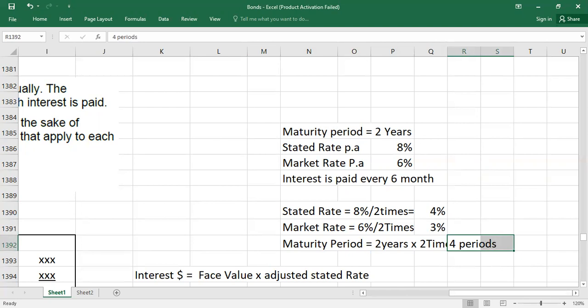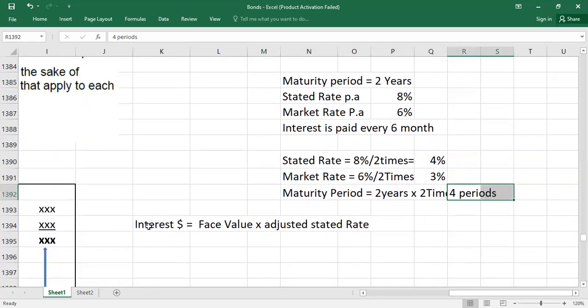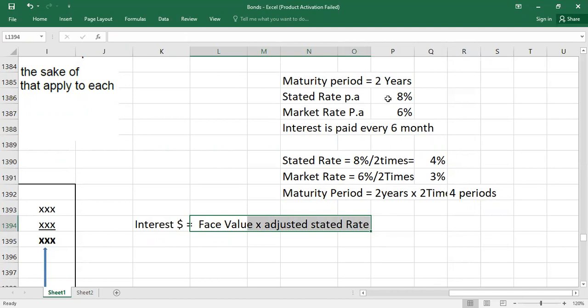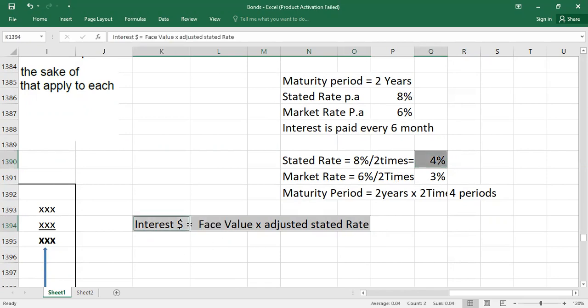Now you should remember, if you want to calculate the interest expense for 6 months, we need the face value multiplied by the adjusted stated rate. The adjusted stated rate in my example is 4%. Face value times the adjusted stated rate will give you the interest dollars.